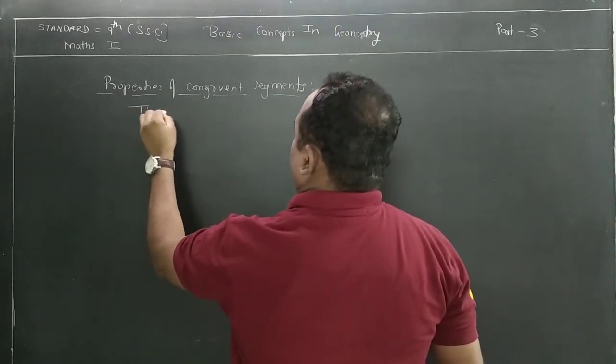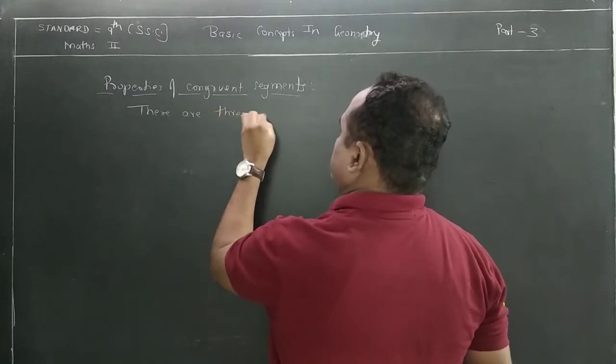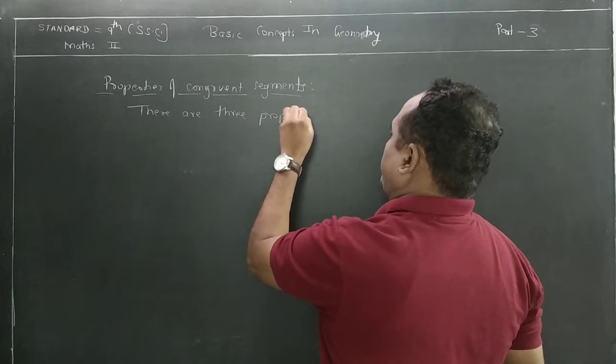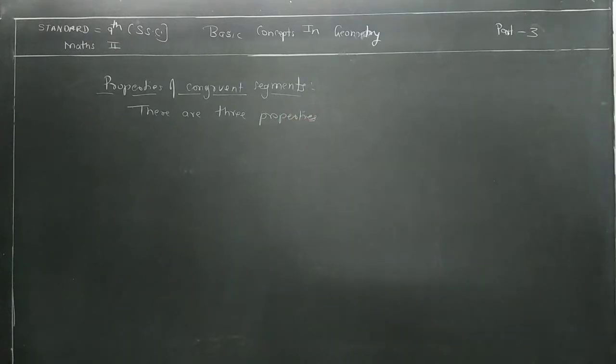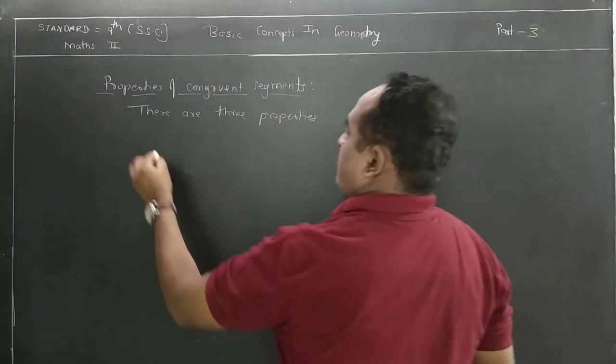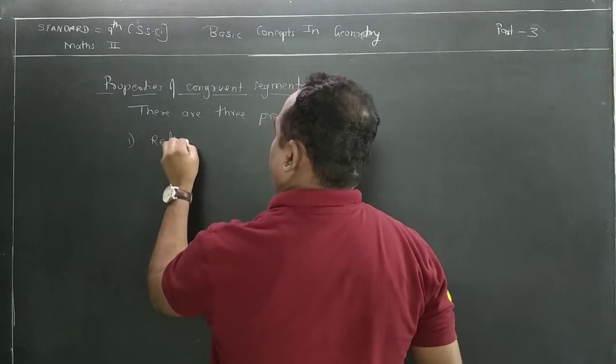There are three properties. These words are going to repeat again, so please try to understand their meaning from now. The first property is called reflexivity.